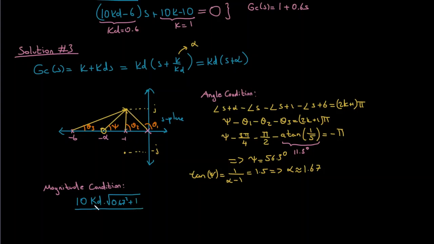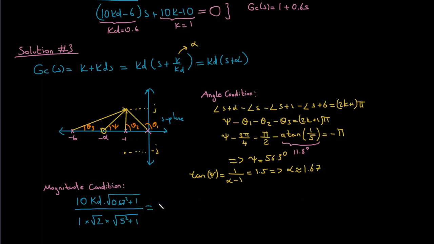divided by the length of those vectors. One of them is equal to 1 over here, S minus 1. The other one is simply equal to the square root of 2 over here, right? So 1 times the square root of 2 times the square root of the length of this vector, which is 5 squared plus 1 squared. So it is going to be 5 squared plus 1.